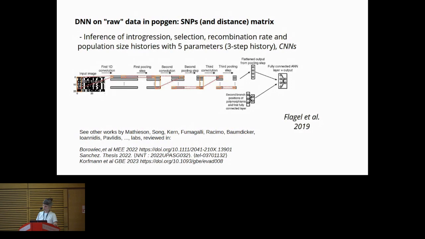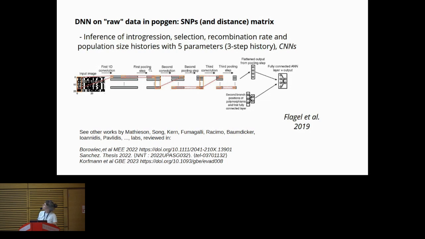So that's SNPs, and so for this reason we can represent the data as this black and white matrix here. Okay, and so people have been using here, for example, convolution, and calling that on the left the SNP image matrix. Okay.